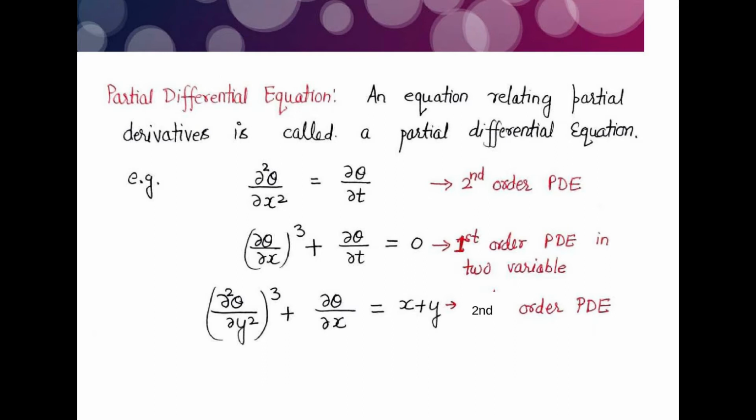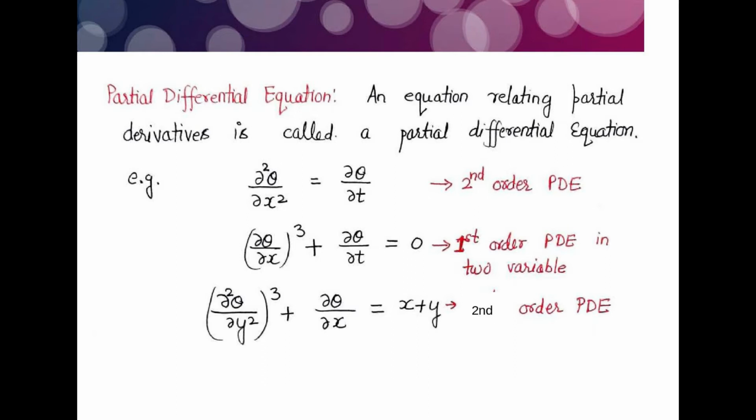The order of a differential equation is the order of the highest derivative appearing in the differential equation. So in the first equation, on the left hand side we have a second order derivative, and on the right hand side we have a first order derivative. So we will say this is a partial differential equation of second order, right?